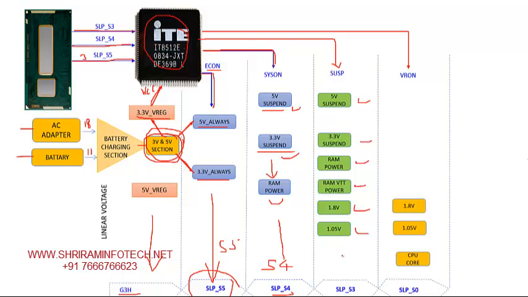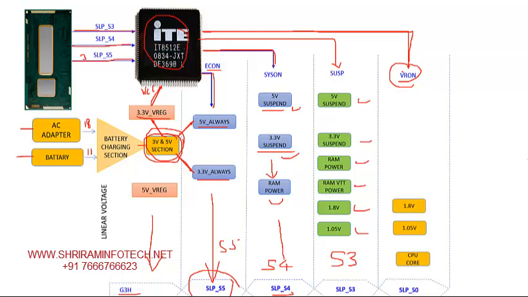So now our laptop has entered into the S3 state. Okay, so this is called the S3 state where all these voltages will be generated. Now the next is when this process is completed, that means when the 1.05 voltage is turned on, then this 1.05 power good is given to the SIO, and then the SIO will generate this VR on signal.